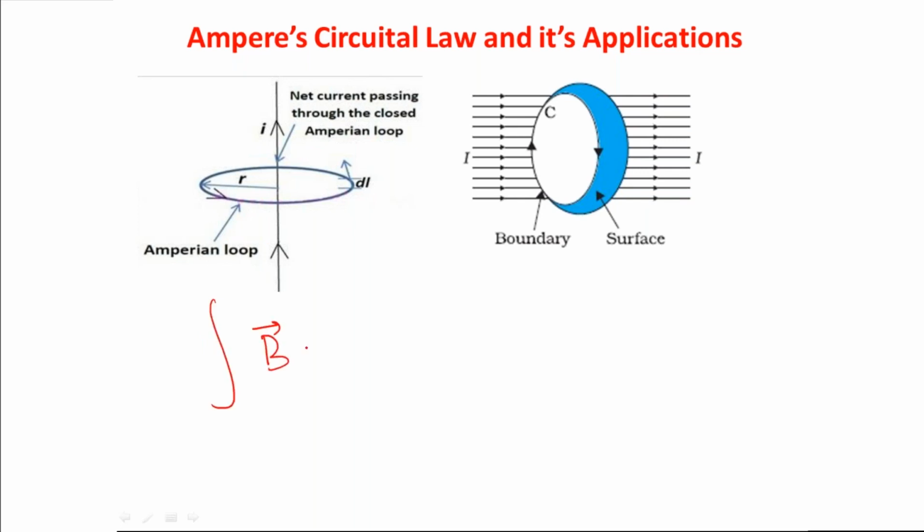Okay, so when we write the Ampere circuital law, the statement is: closed line integral of B dot dl is equal to mu naught times I enclosed.